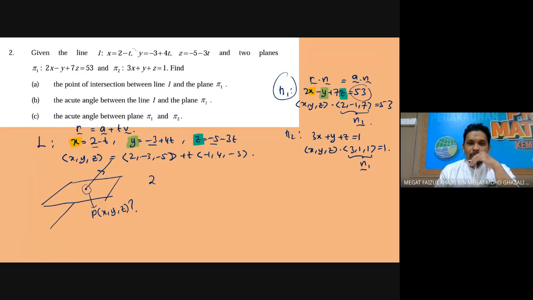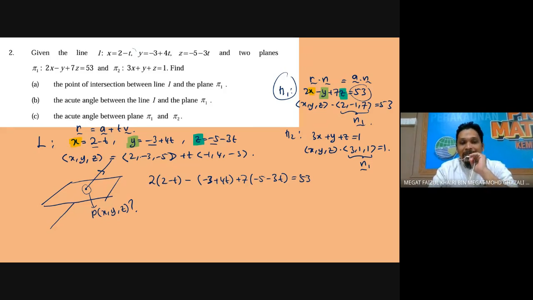Then we get 2 times x, where x is 2 minus t, minus y, which is negative 3 plus 4t, and then plus 7 times z, which is negative 5 minus 3t, equals 53. We are going to find the value of t.